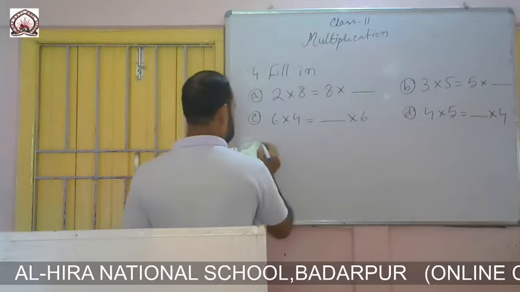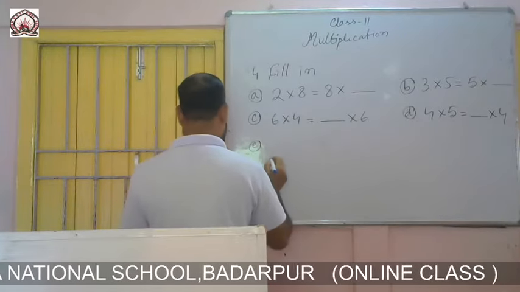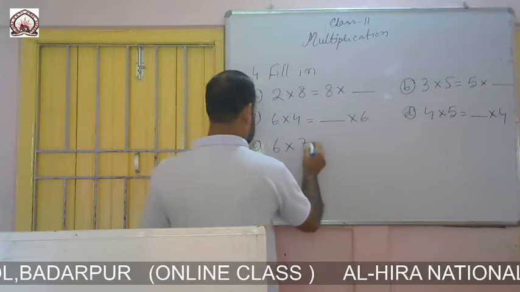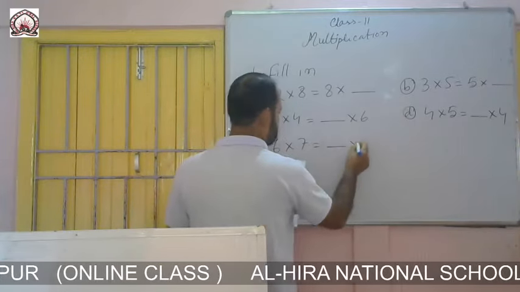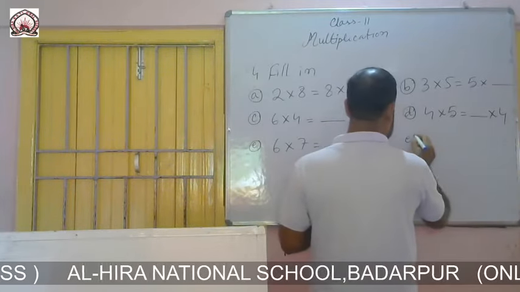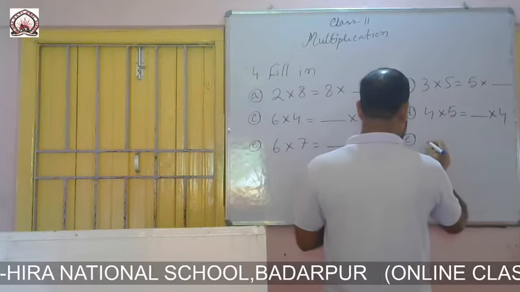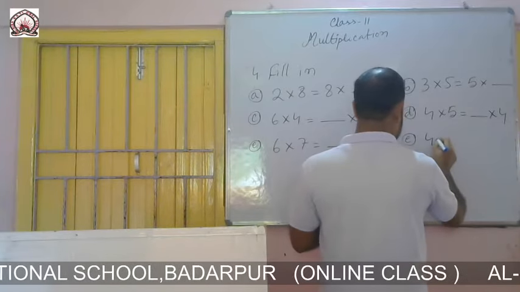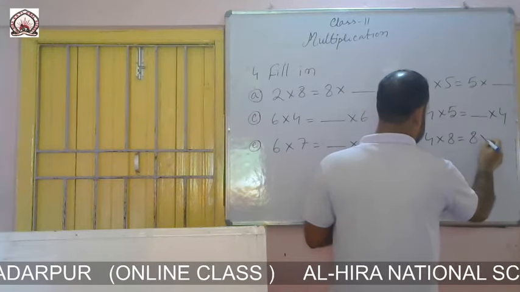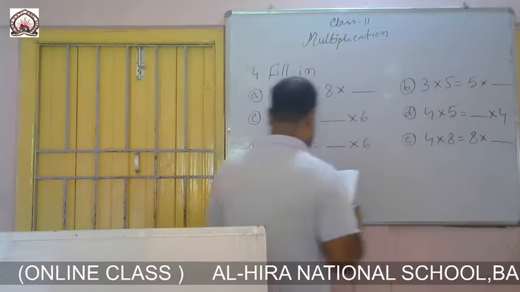Question number E: 6 into 7 equal to dash into 6. Question number F: 4 into 8 equal to 8 into dash.